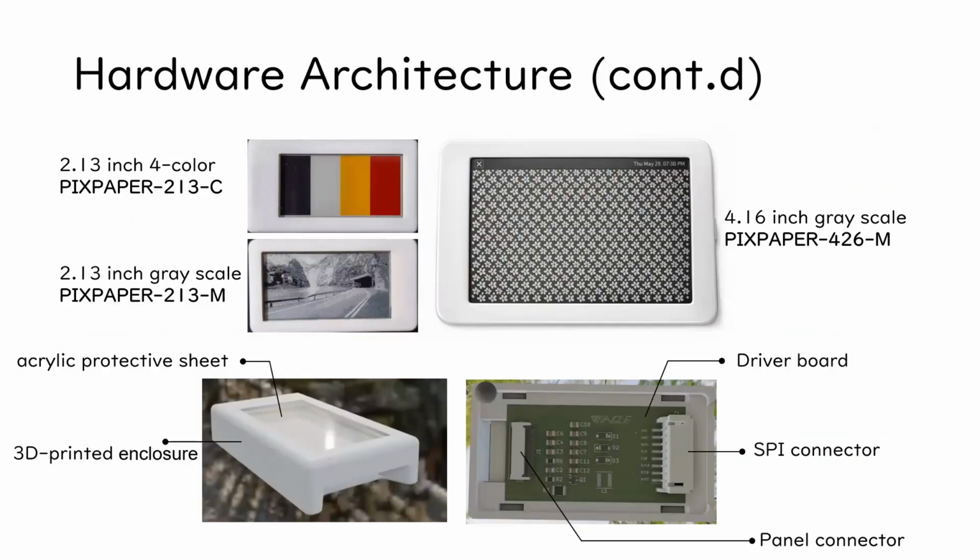We also designed our enclosure mechanism using a 3D printer and added an additional protective sheet. On the other side is our driver board, the green PCB driver board. As you can see, it has two connectors. One is SPI, and the other is connected to the e-ink panel. The design files are open source on GitHub.